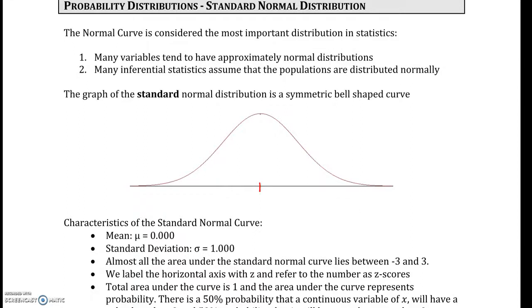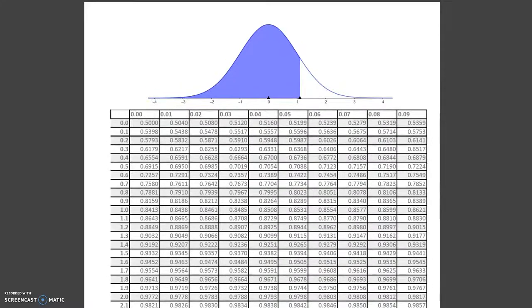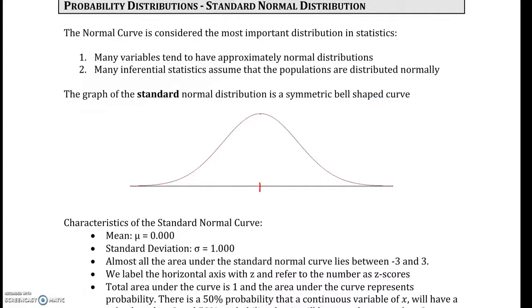We have tables that we will be using to calculate probabilities based on a standard normal distribution. The center of our standard normal distribution has a value of 0. So the mean is 0, and the standard deviation is 1.